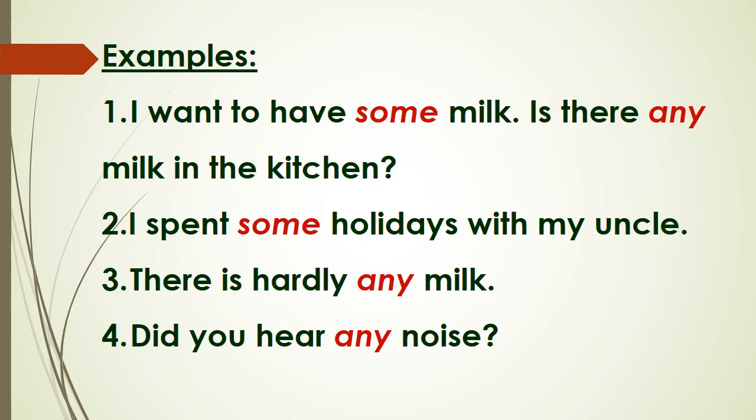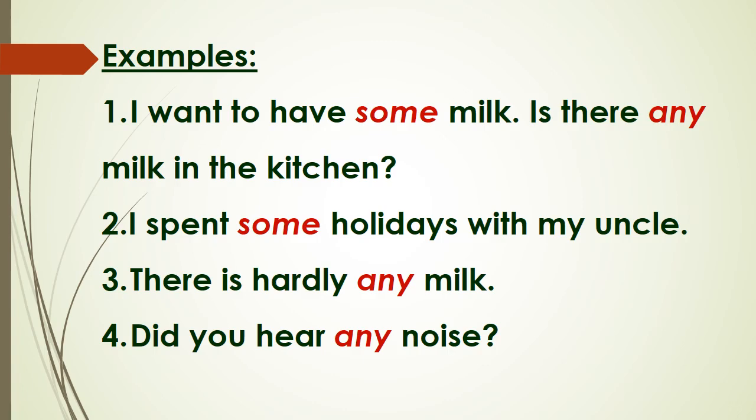Next sentence is, I spent some holidays with my uncle. So here also we have used the word some because it gives us a positive implication. Third is, there is hardly any milk. Now this sentence has a negative implication because it is saying that we are not sure that there would be any milk in the jug or in something.